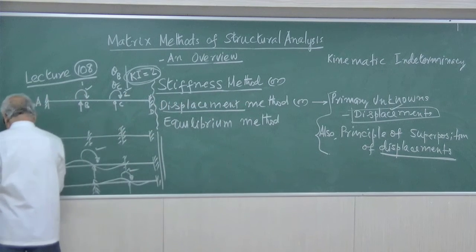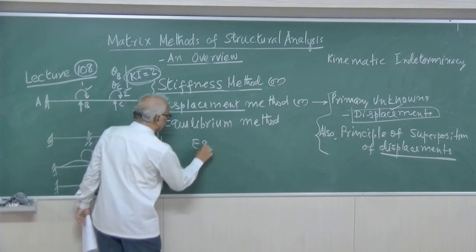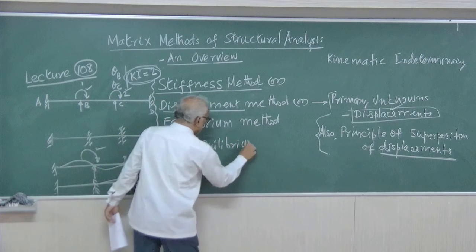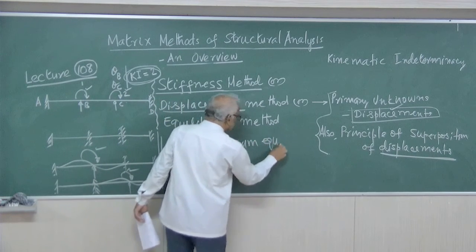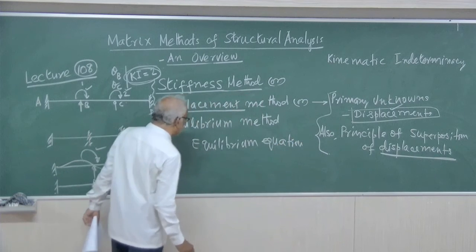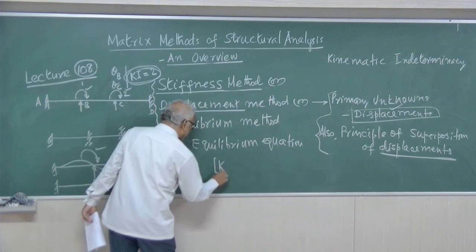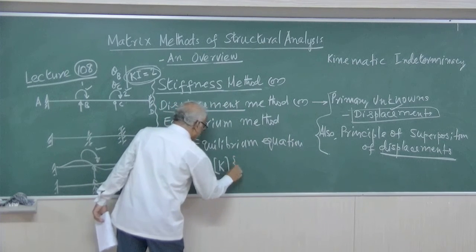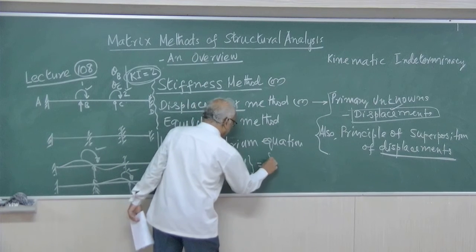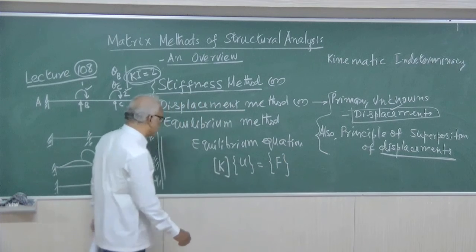The basic equilibrium equation used in the matrix stiffness method is K, the stiffness matrix, into U equal to F. This is the equilibrium equation.